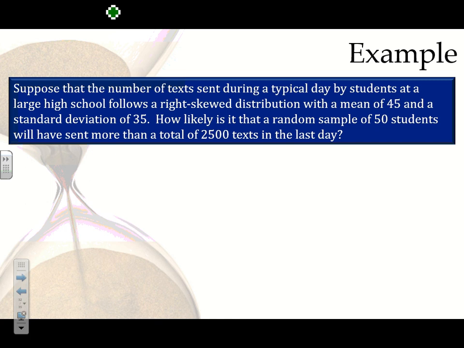The population. That's the population mean, mu is 45 texts per day. Then it says the standard deviation is 35. Which standard deviation is this? The population again. So they have told us both the mean and the standard deviation for the population.